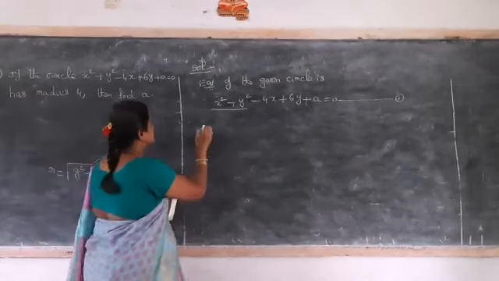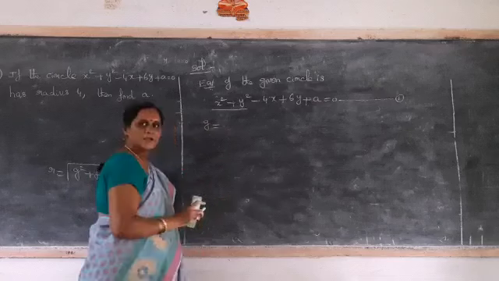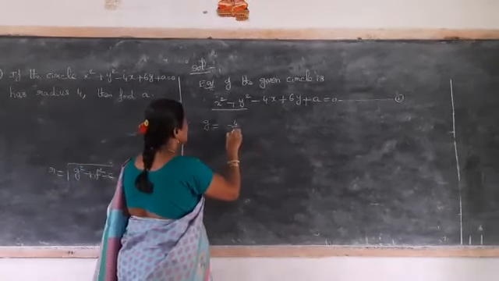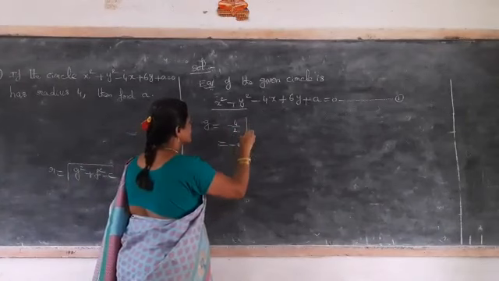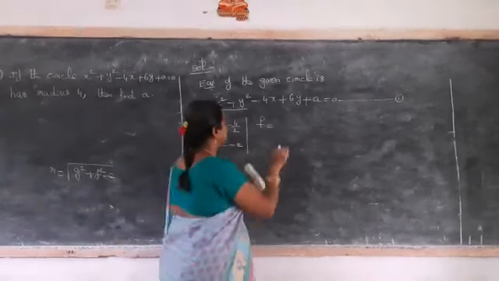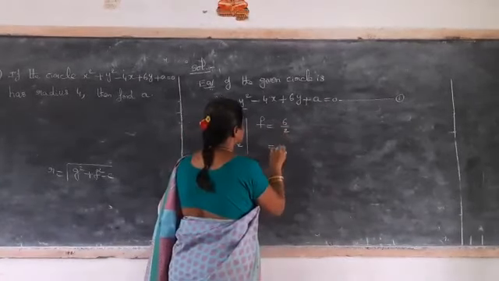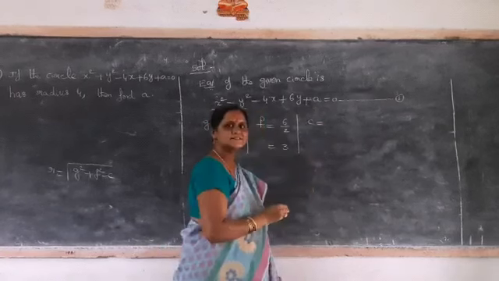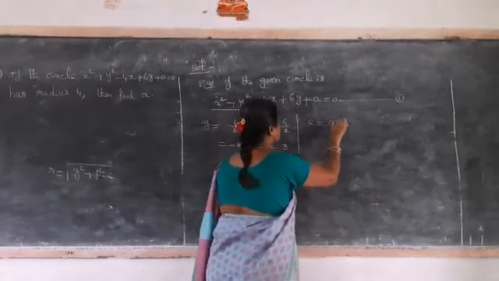So g is equal to formula coefficient of x by 2. So minus 4 by 2 is equal to minus 2. Next, f is equal to formula coefficient of y by 2. That is 6 by 2 is equal to 3. Next, c means constant number. That is equal to plus a.